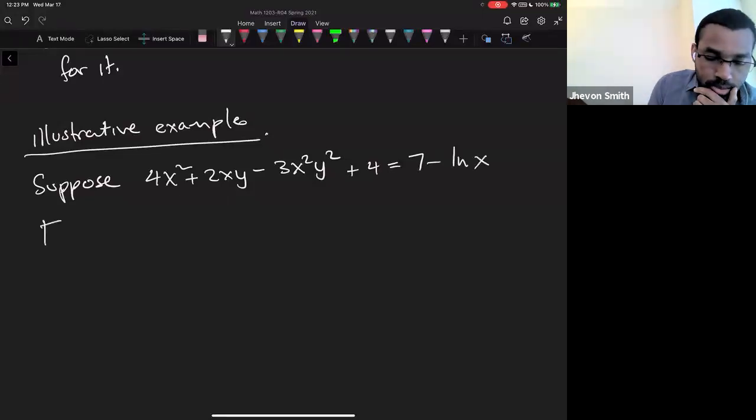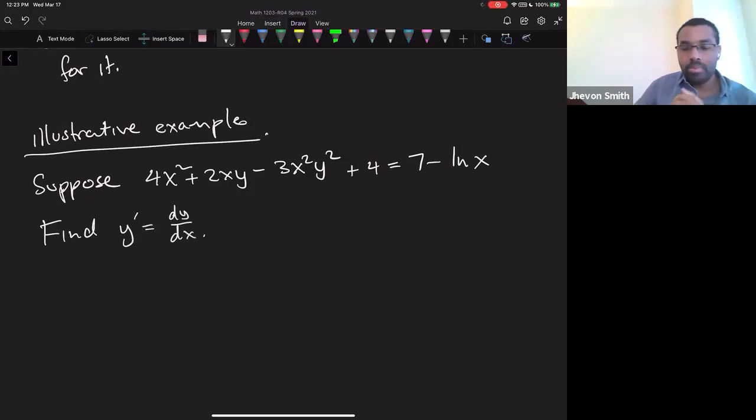And I ask you to find y prime equals dy dx. So here is an implicitly defined function. The y is not isolated. However, I care about finding its derivative anyway.